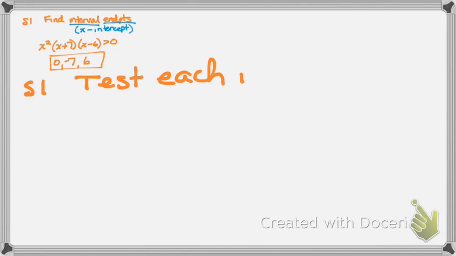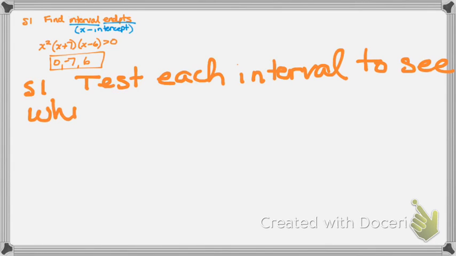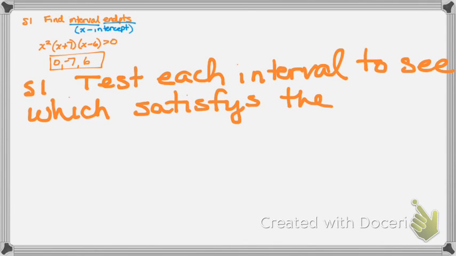I would write out these instructions so that when you see them, I copied them pretty much directly from the problem, so it'll make sense to you. Test each interval to see which satisfies the inequality.